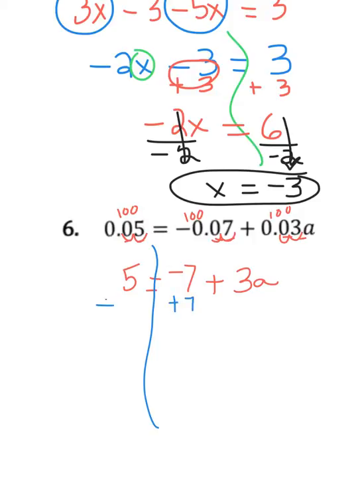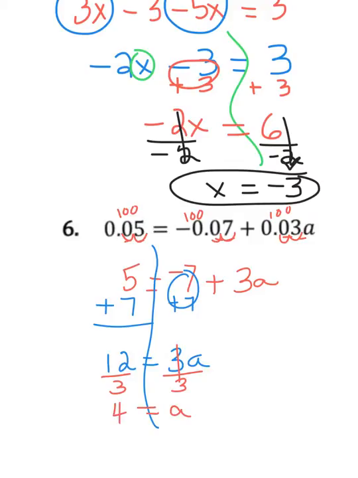Add 7 to both sides. That turns into 0. This will be 12 equals 3a. Divide by 3 to isolate the variable on both sides. A equals 4.